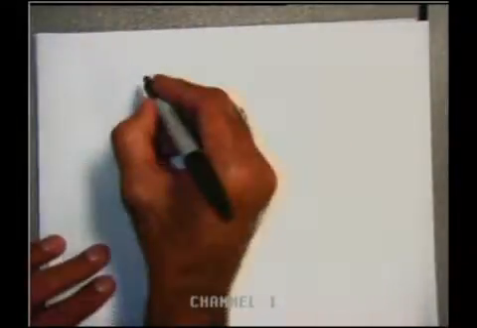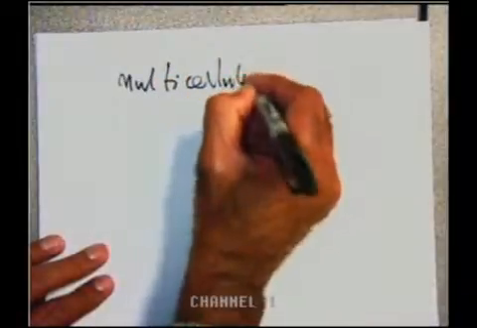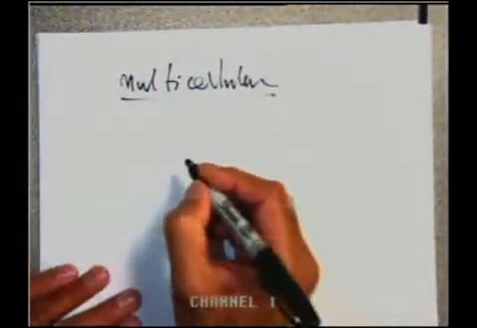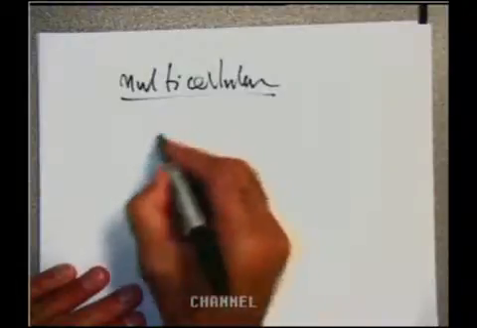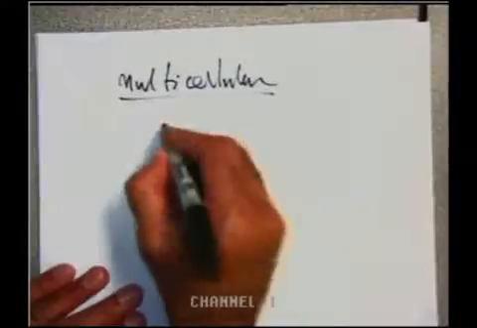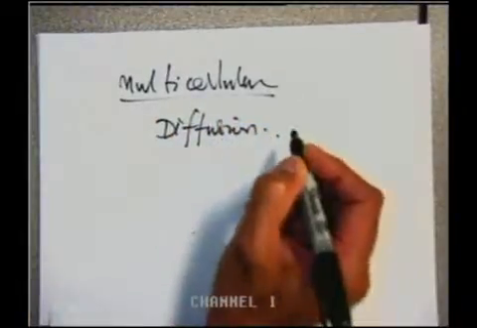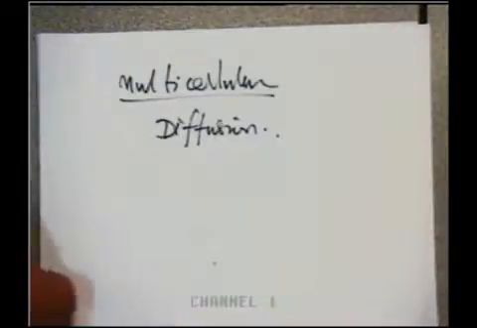In the multicellular organisms, how are these molecules going? They have a large organ, they have diffusion. They do the diffusion process. Diffusion we did study in our earlier class.